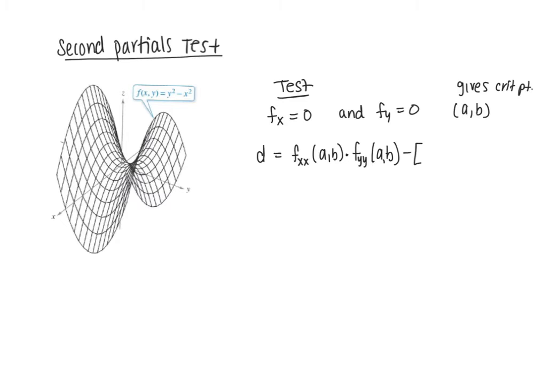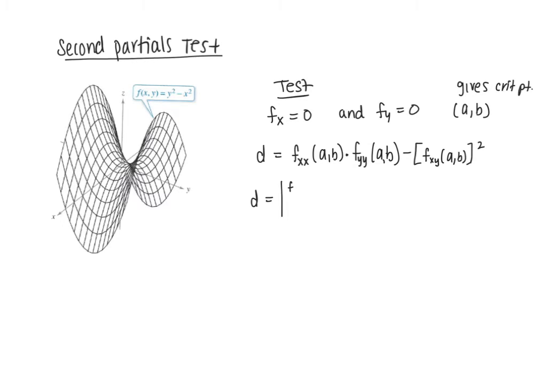minus the mixed partial f xy at (a, b) squared. Now, if that's a complicated formula, you could think of D as a determinant of all the possible partial derivatives. This is why we call it D: it's the determinant of all of the possible partials.